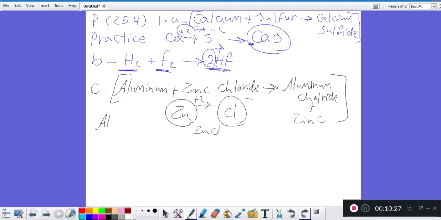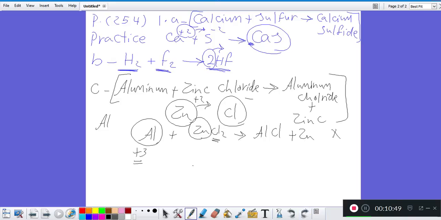Well, we can say that when zinc reacts with chlorine, it forms ZnCl2, reacting with aluminum to form AlCl. Of course, it's not balanced, plus zinc. That is definitely not a balanced equation. We're going to balance the equation. How are we going to balance this? Find out.